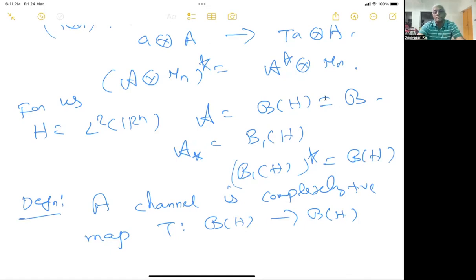It should preserve the trace. I'm just wondering whether we consider the dual map or this map. A channel is a completely positive, trace preserving linear map on the algebra B of H of bounded operators on a Hilbert space.